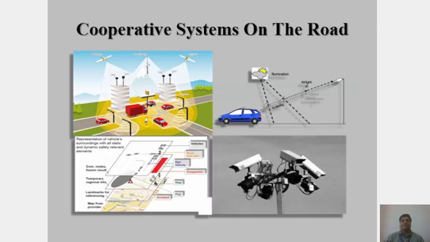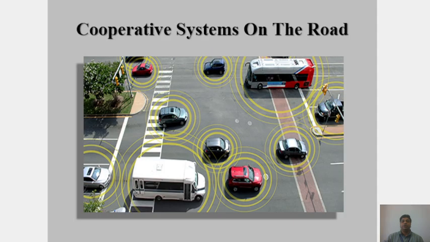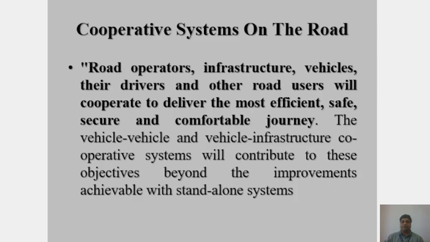You can see that different cameras have been mounted nearby on the road, on tripods or street lights, to capture different types of information related to the vehicles moving on the road, such that this information will further give a connection between vehicles, infrastructure, and pedestrians on the road. This type of cooperative system is very essential to ensure road safety.